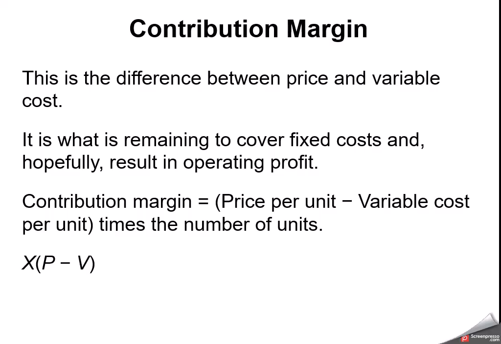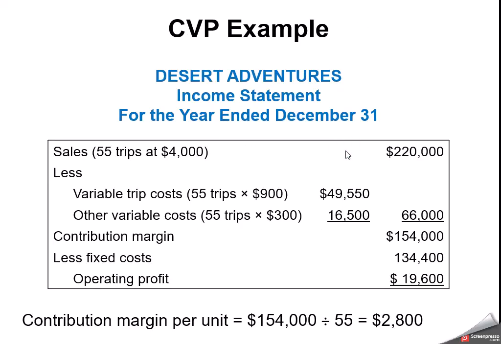The contribution margin is your selling price, your price per unit, minus your variable cost per unit. They could also give you that in total, like your total selling price minus your total variable costs. Here we have an example. The price is $4,000 per trip, and 55 trips gives us our total sales.